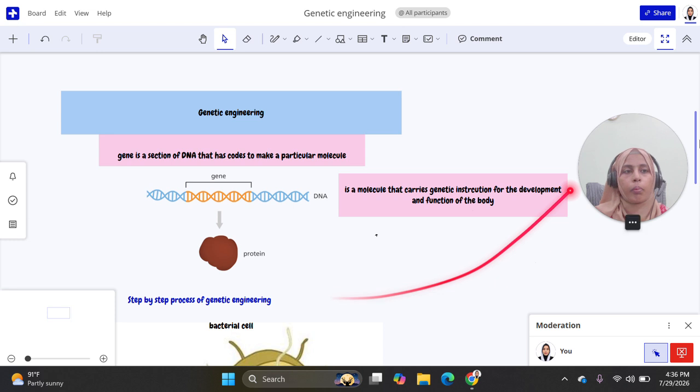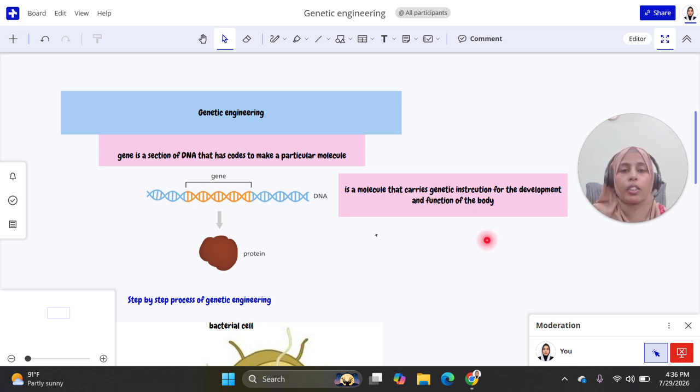Now come to the second part of this topic. What if I tell you that scientists can take out a useful gene from one organism and insert it into another organism? Yes, taking out a gene from one organism and placing it into another organism. What does it mean? That is genetic engineering or genetic modification.